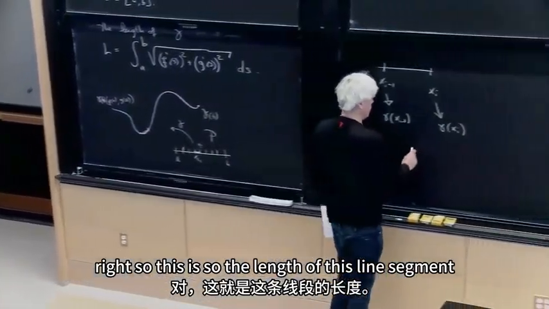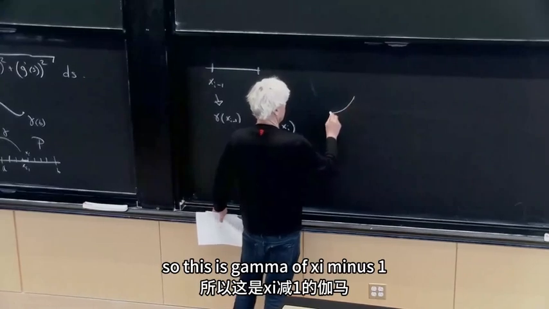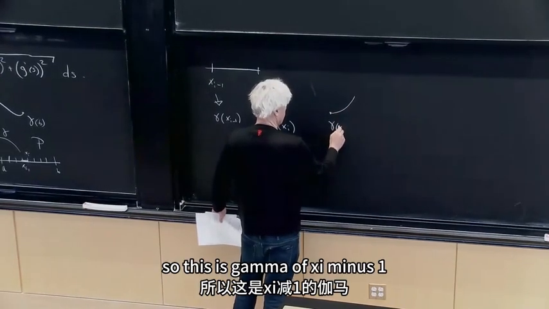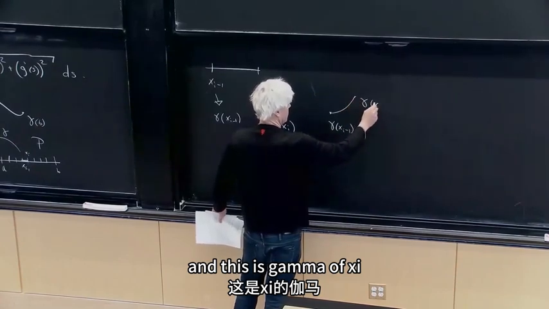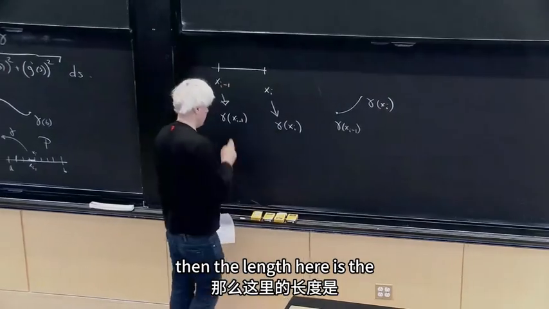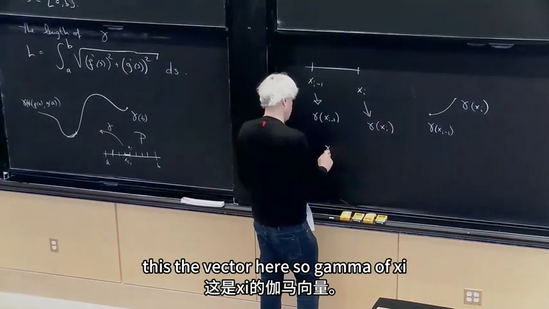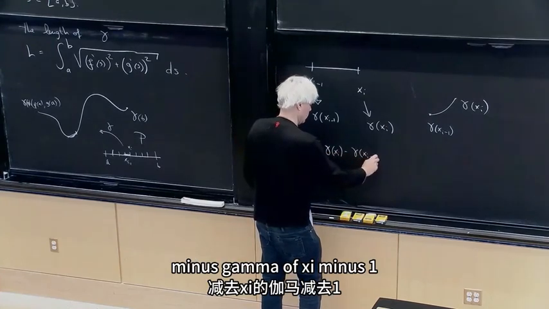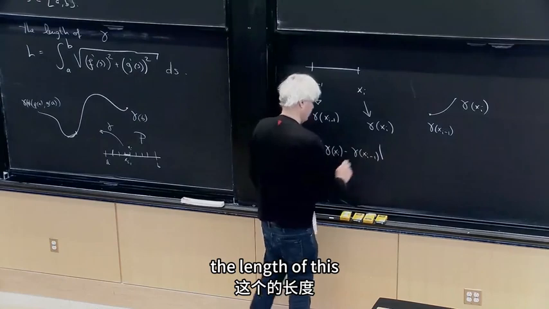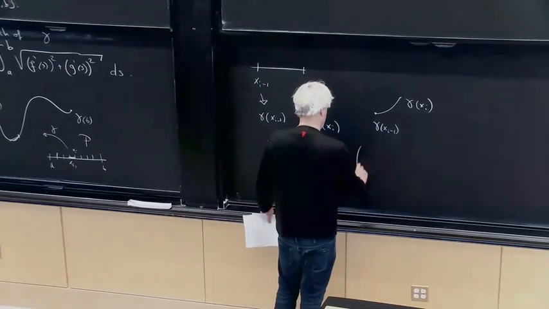The length of this line segment is the length of the vector gamma of x_i minus gamma of x_{i-1}.